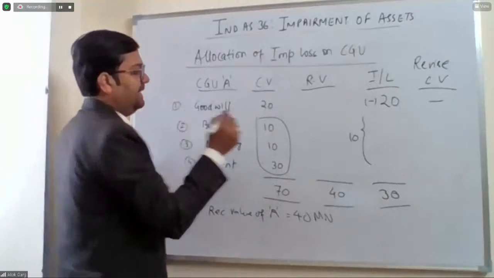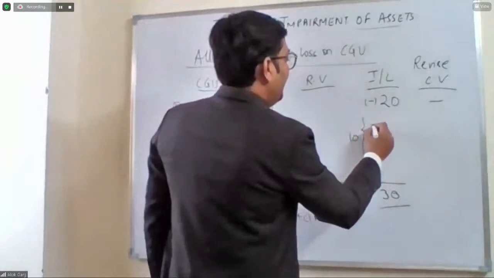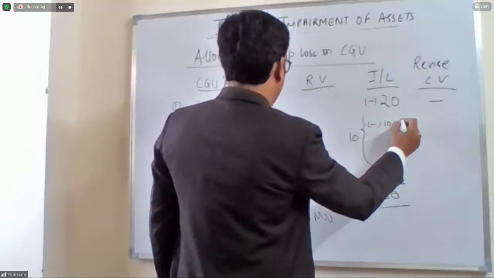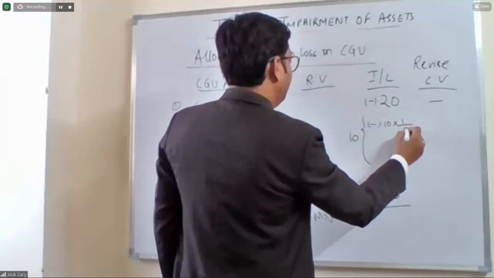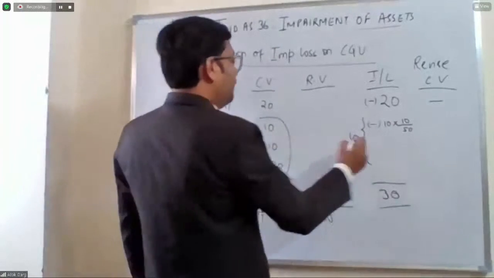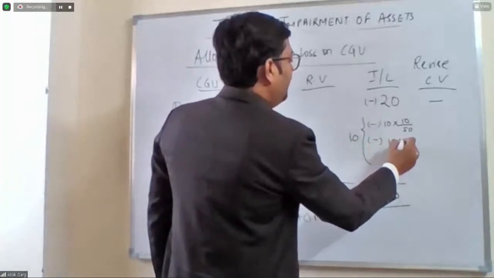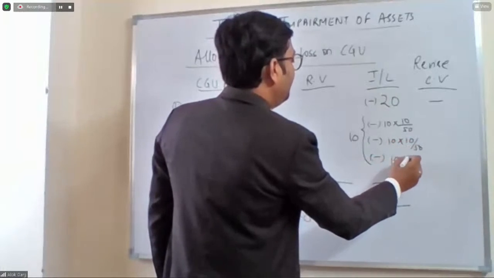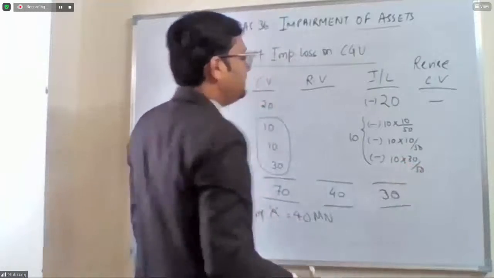1:1:3. So in this case, for building, I have to charge an impairment loss of 10 multiplied by 10 by 50. Again for machinery, I'll do 10 multiplied by 10 by 50. For patent, I will do 10 multiplied by 30 by 50. So what is the answer?